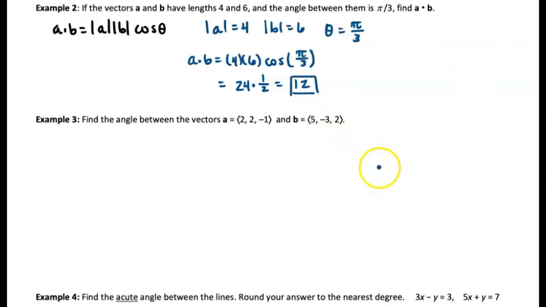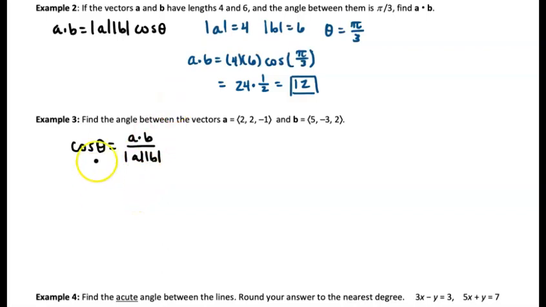All right, simple enough. Example 3, now we're going to find the angle between these two vectors. And we can rearrange this formula because we're looking for this angle, so that the cosine of theta is equal to the dot product of A and B over the magnitude of A times the magnitude of B. Now if we want the angle between these two vectors, we don't want the cosine of theta.